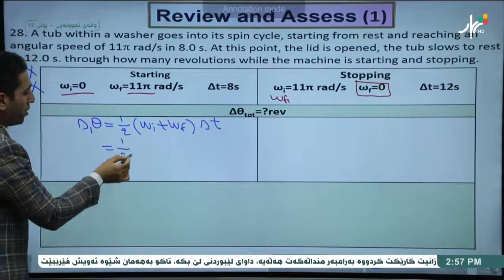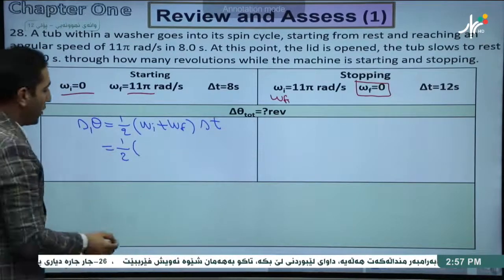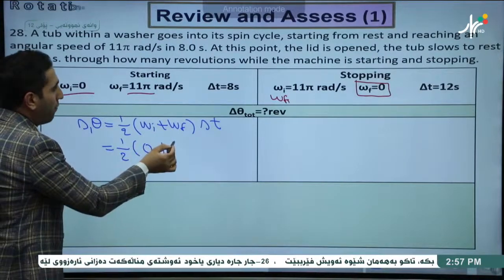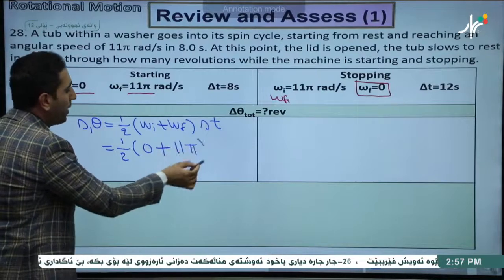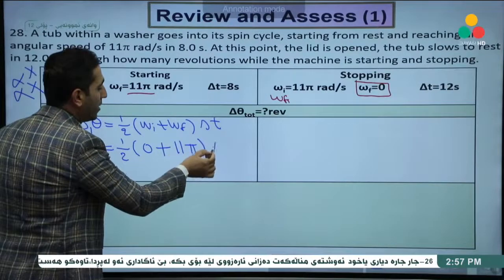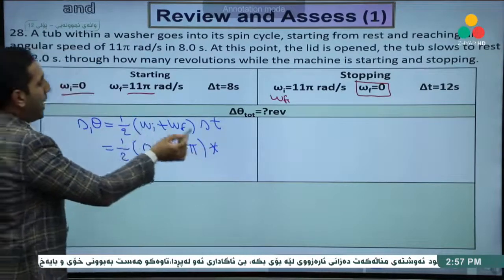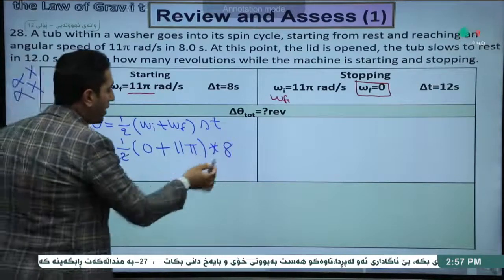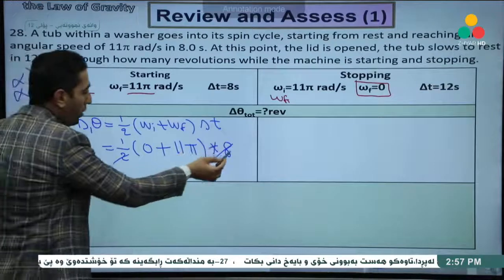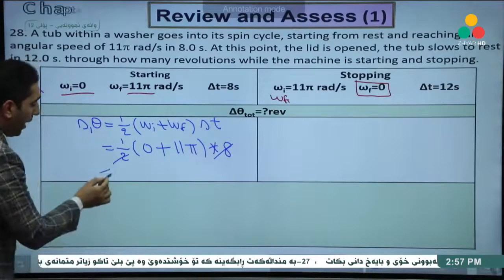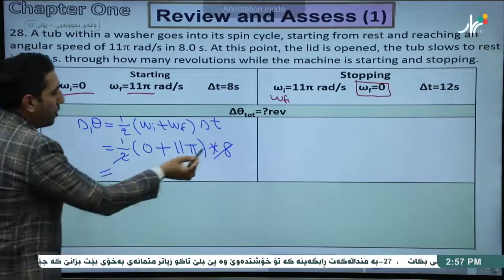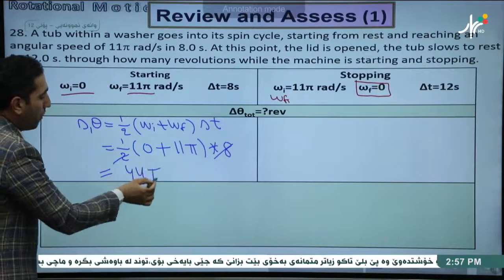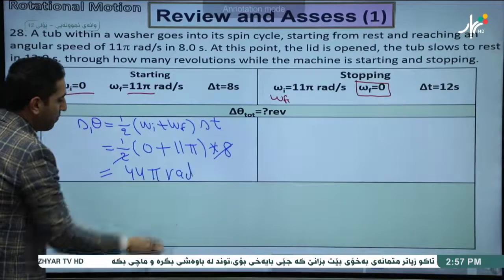Omega initial is 0, omega final is 11 pi, times delta t is 8 seconds. 2 with 8 cancelled, 4 times 11 is equal to 44 pi rad.